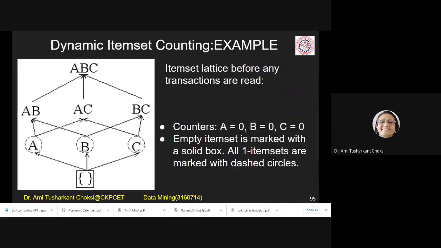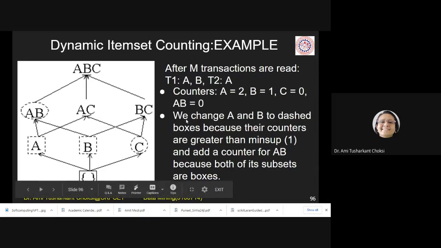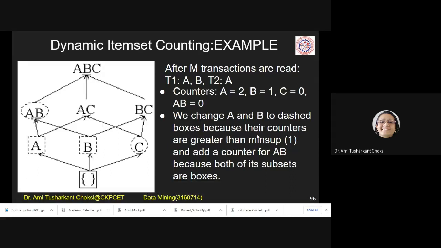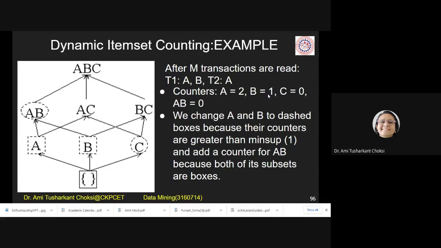Before this, these 3, A, B, C, were dashed circles. Now we change A and B to dashed boxes because their counters are greater than or equal to the minimum support. So we are making the dashed box, or dashed rectangle, for A and B.